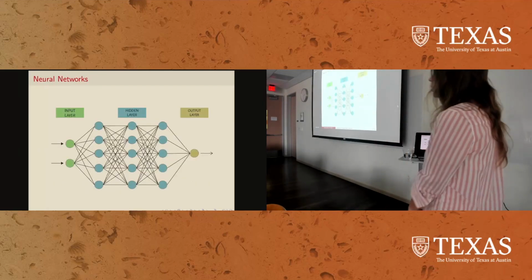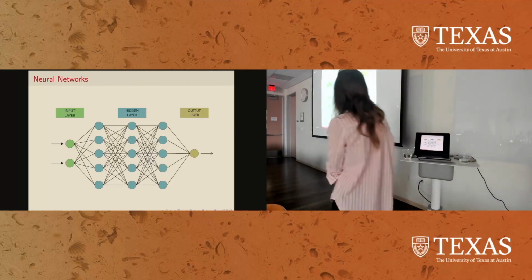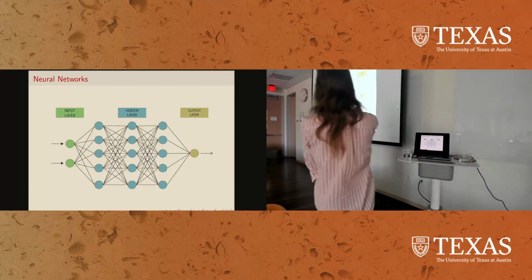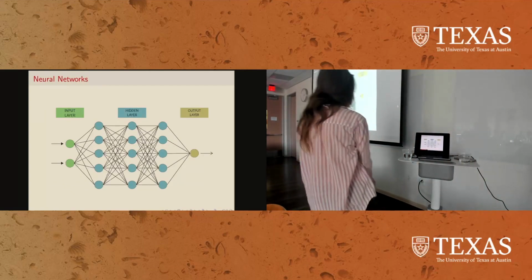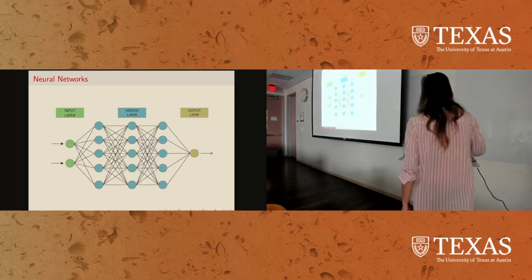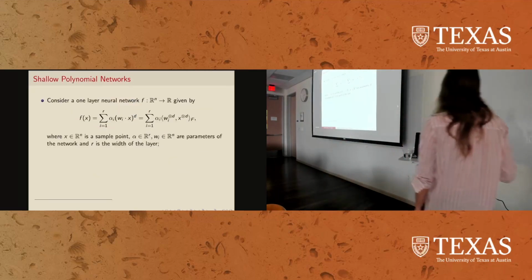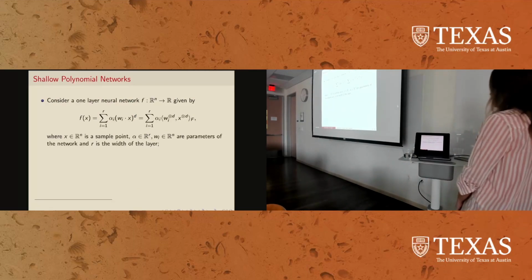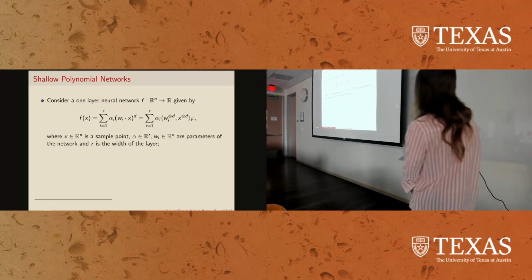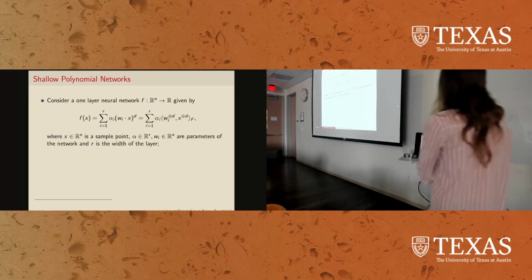So our model considers a single hidden layer, as opposed to the schematic where we have 3 hidden layers. If you feed a data point into this network, this is the mathematical representation of what's going on.